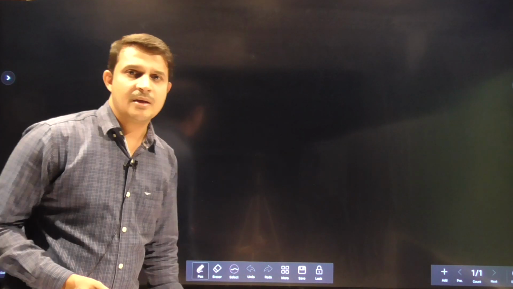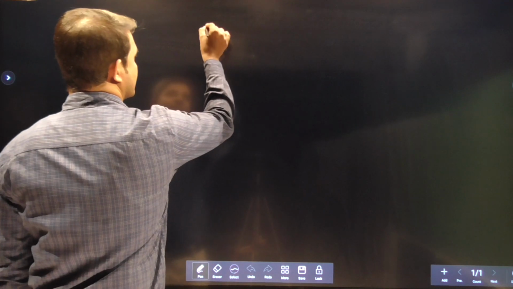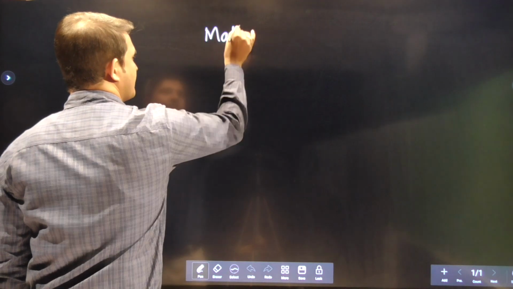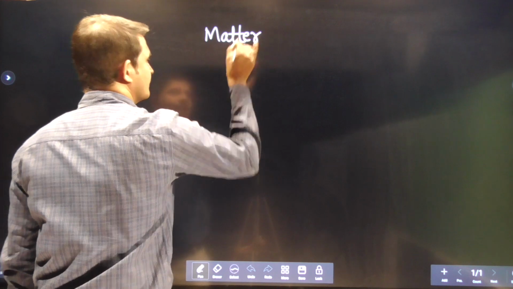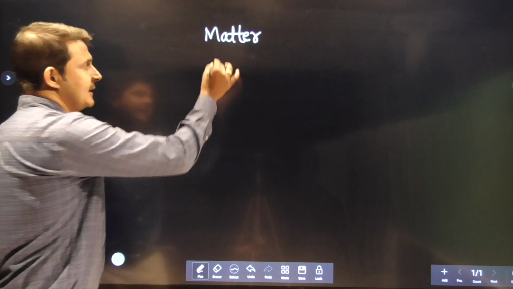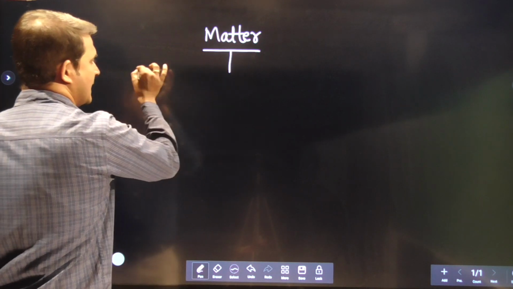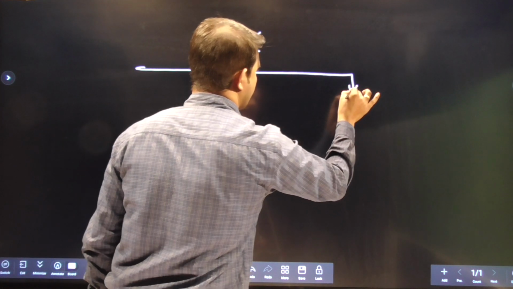Next, let us come back to matter. We are starting with matter, right? So matter is classified into two types.